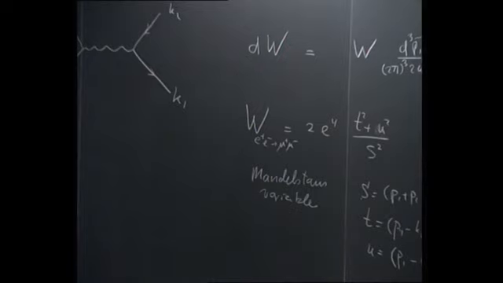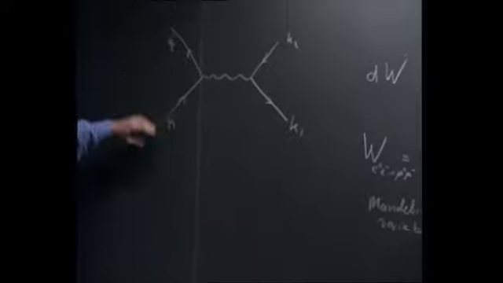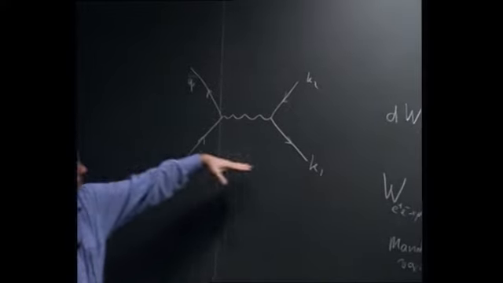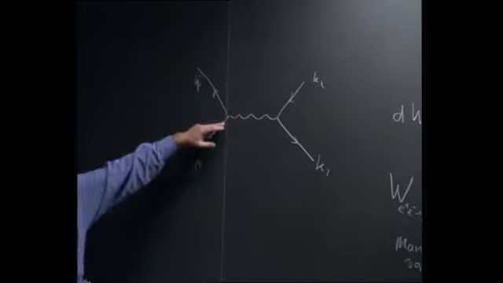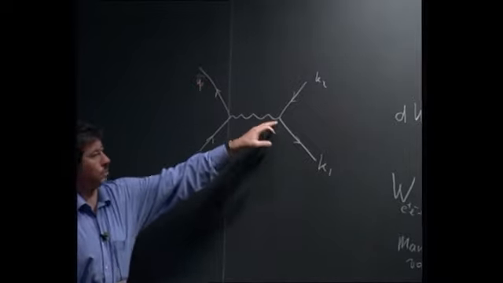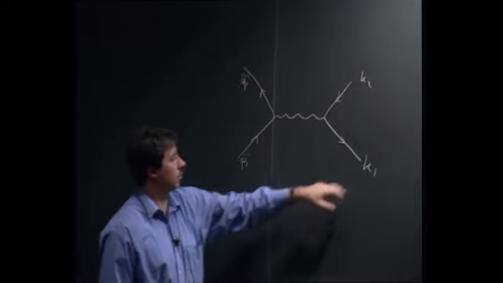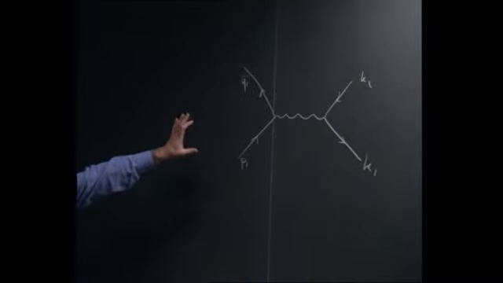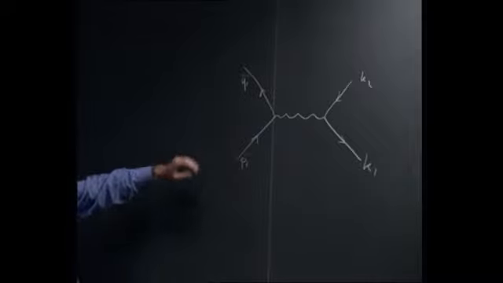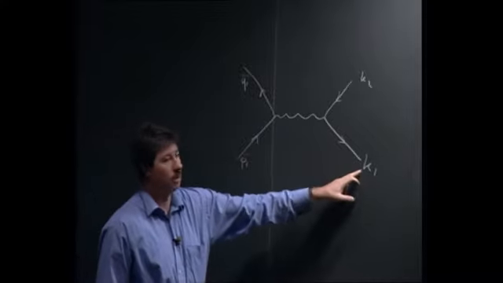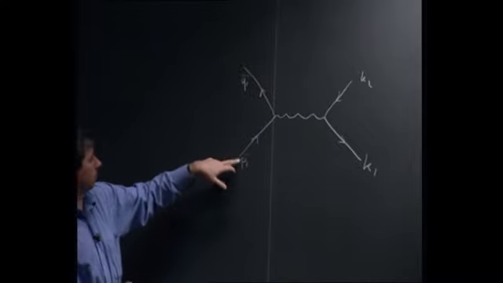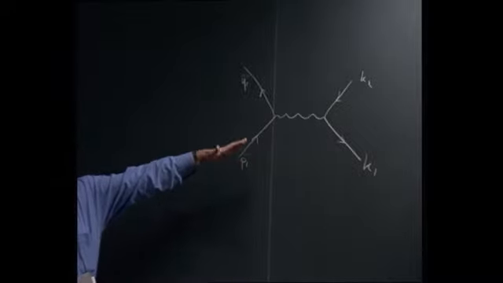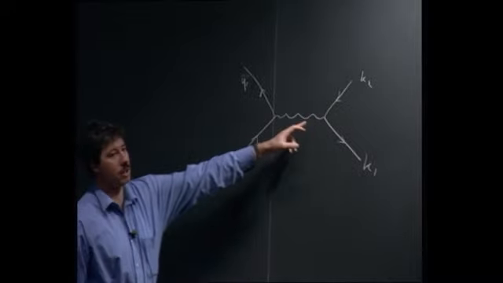There's an interesting fact that if I look at this diagram, I thought about time going this direction. So indeed I have two particles that annihilate and produce the photon, and then the photon decays again into a muon pair. But the same diagram appears if I look at another process where I take two particles that collide, and they just scatter elastically by exchange of a photon.